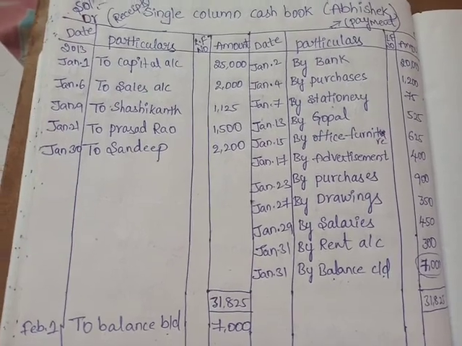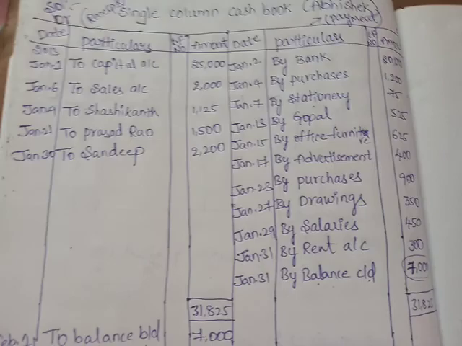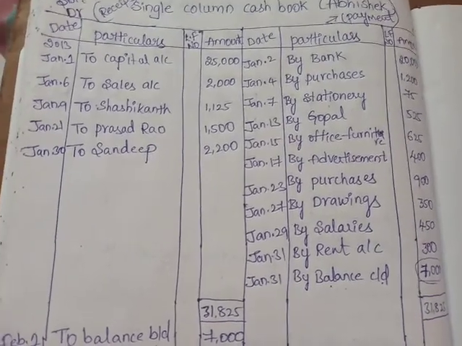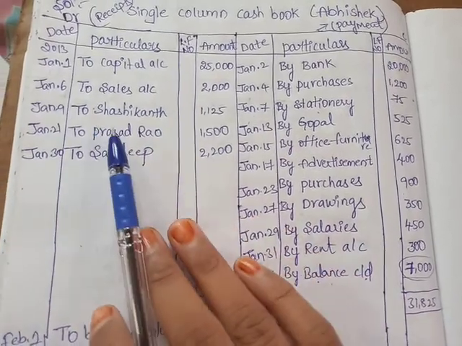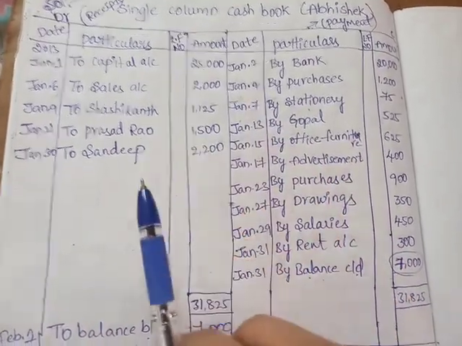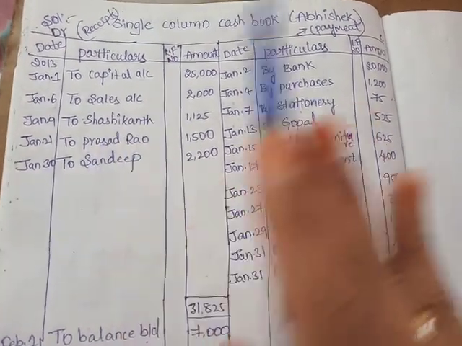Now see, the next method is the double column cash book, or a two column cash book. It is the same as this pro forma only, but we make one extra column on the debit side and the credit side. That column name is discount allowed on the debit side, and discount received on the credit side.